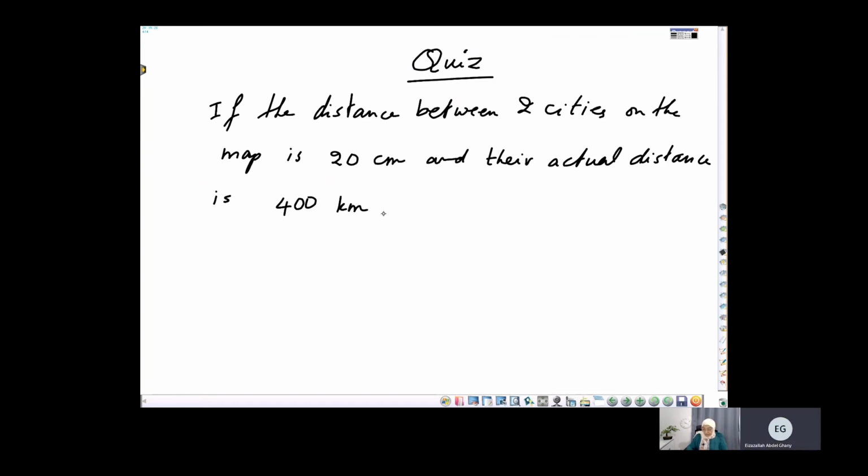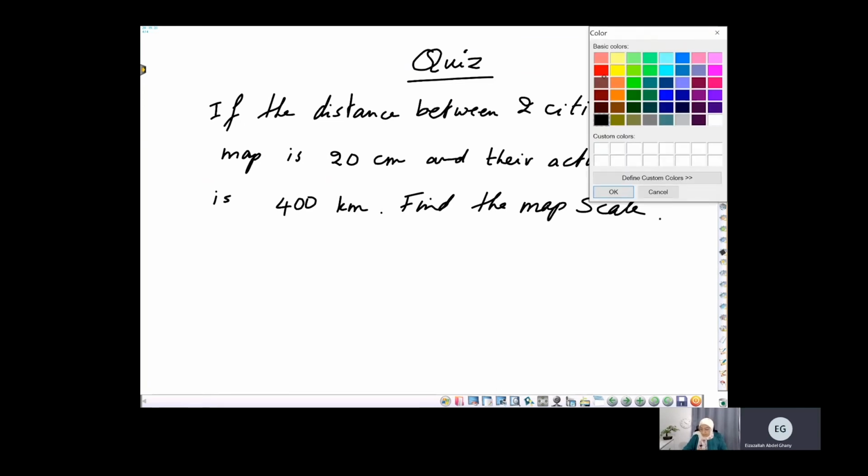What's the coming question? What do you expect? Find the map scale.